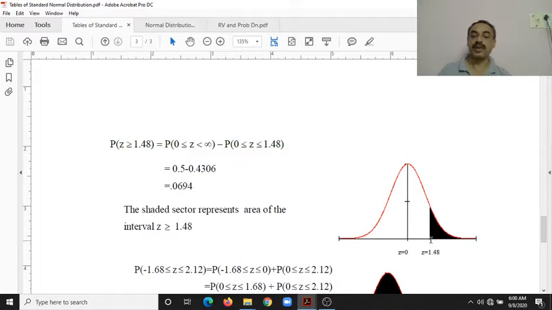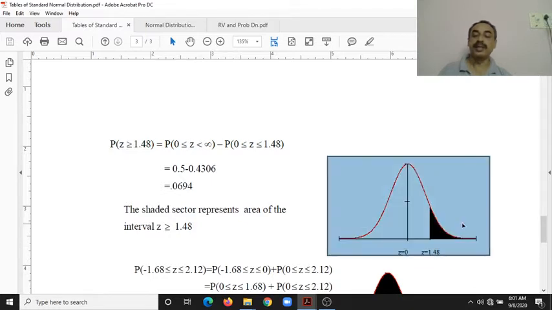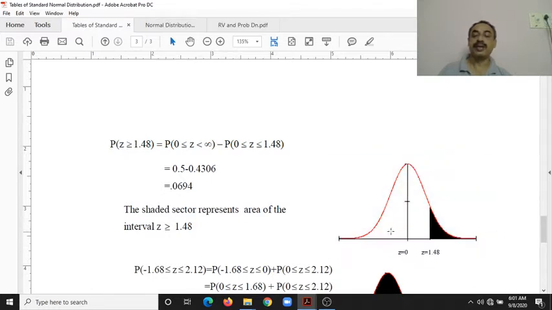Now actually we require the probability of z greater than or equal to 1.48, that is, the area of this shaded sector. But in the tables we have recorded areas of z starting from 0. So in order to get the tail sector area, we consider the total area 0.5 and subtract the area from 0 to 1.48.